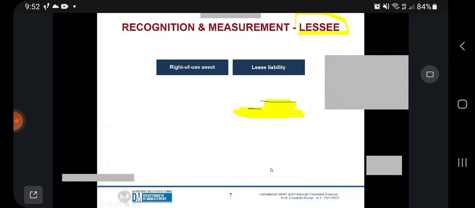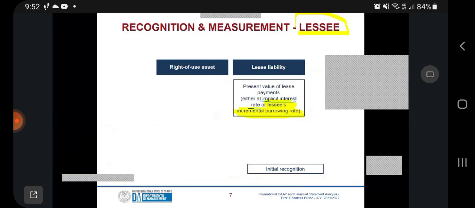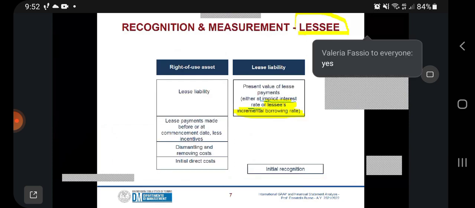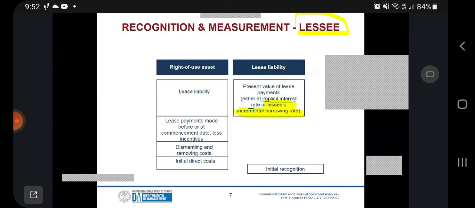The provision, Valeria, you mean the provision for dismantling the asset? Yes, the provision should be accounted for separately because the lease liability and the outflow of cash are towards the same subject, the lessor. The provision is an estimate that you make on your own.